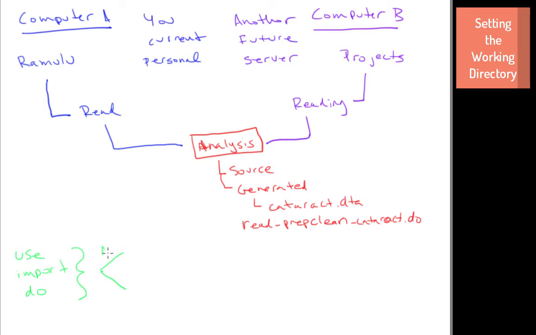And if you had to go through the entire pathway to get to a specific file, it's going to differ on A or B. So for A, for example, to get to cataract.dta, you would have to go Rome, read, analysis, generated, cataract.